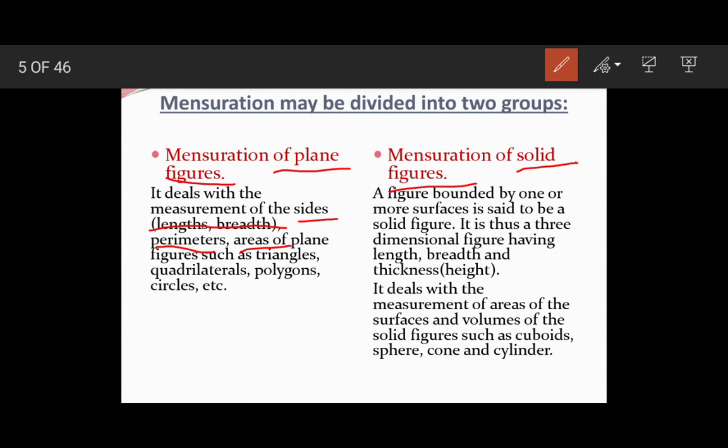In plane figures come triangle, quadrilaterals, regular polygon and circles. So mensuration of a plane figure deals with the length, breadth, then area and then perimeter of a figure.